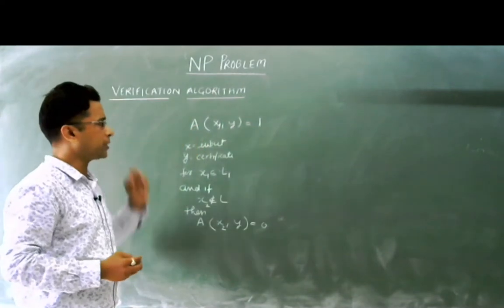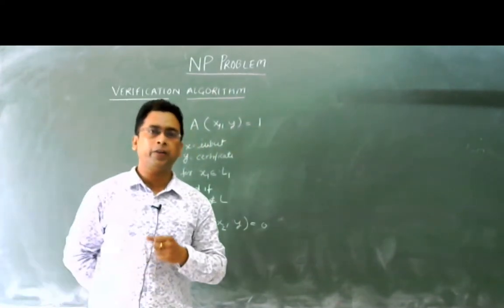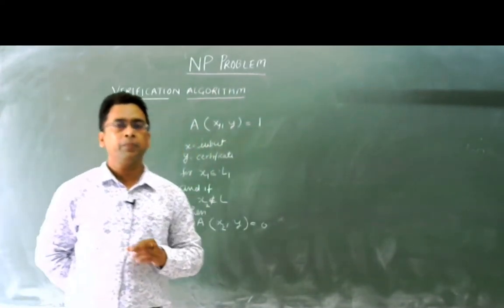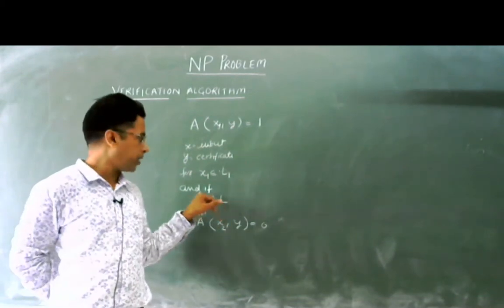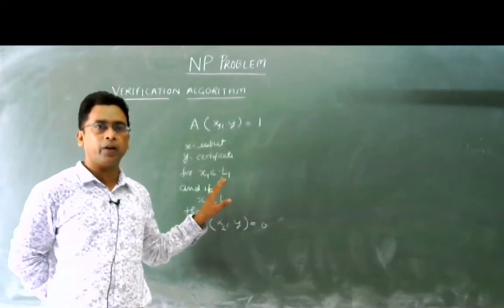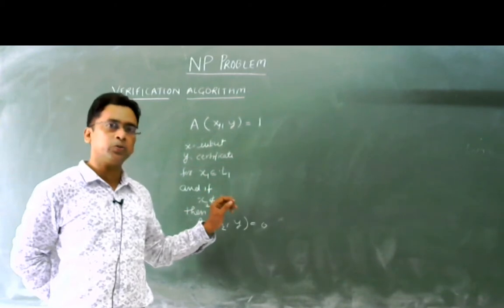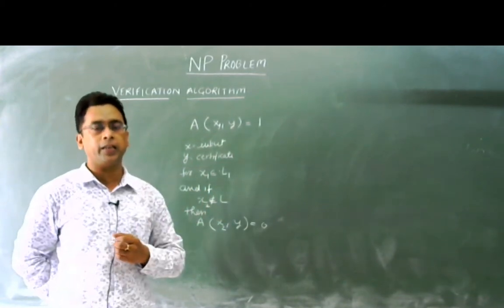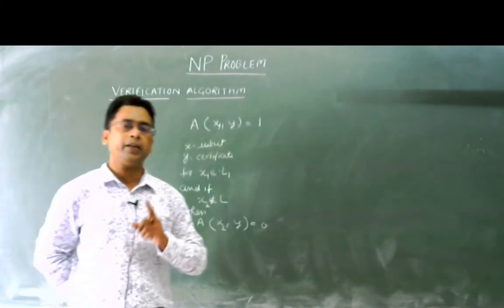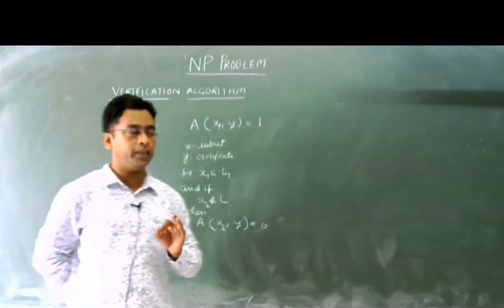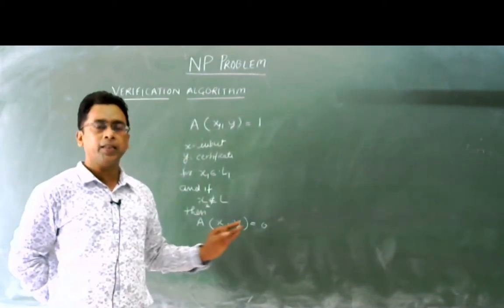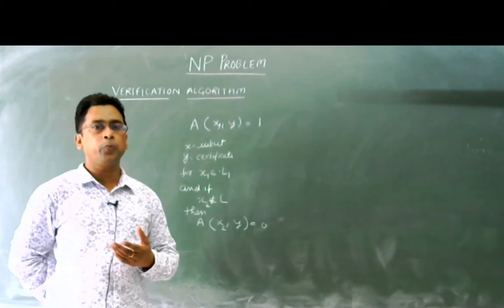So here we have a certificate Y which can verify that if the input belongs to the language, then the certificate will be 1, and if it does not belong to the language, then it will generate output 0.